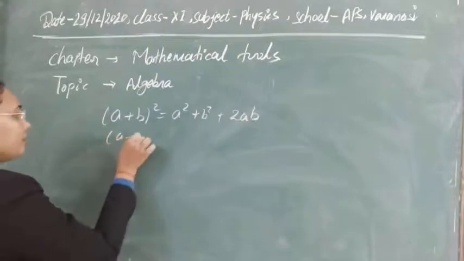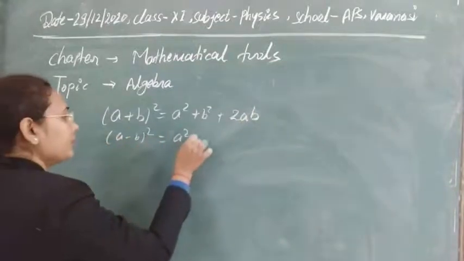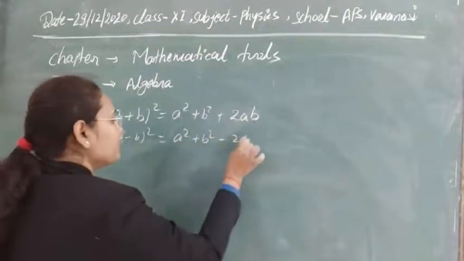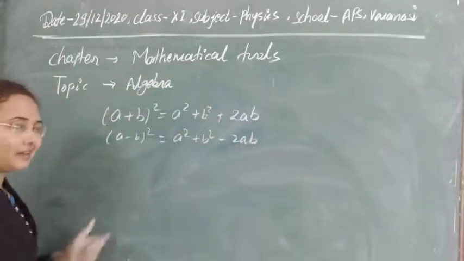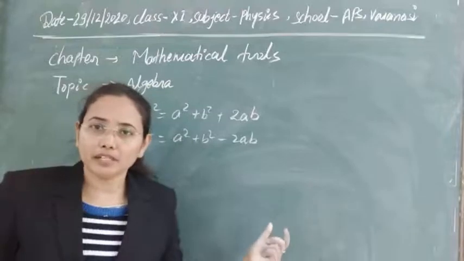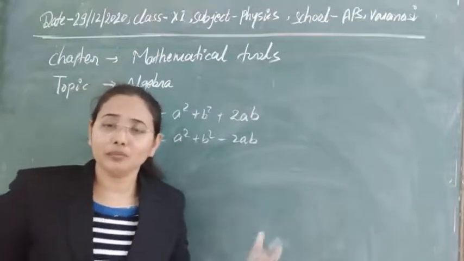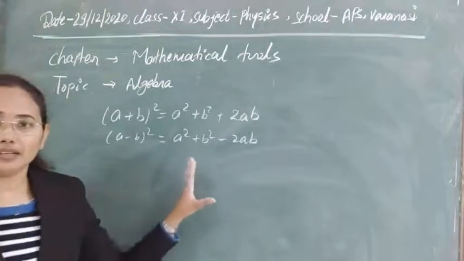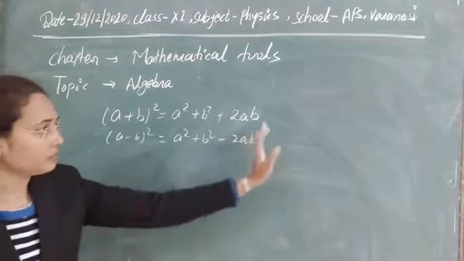If we have a minus b whole square, then we have a square plus b square minus 2ab. Such types of formulas, a plus b whole cube, a minus b whole cube, I think that is already clear, so I'm not going to discuss it.